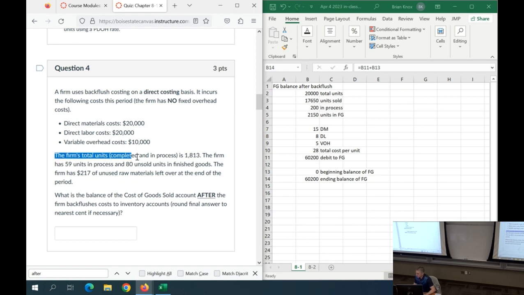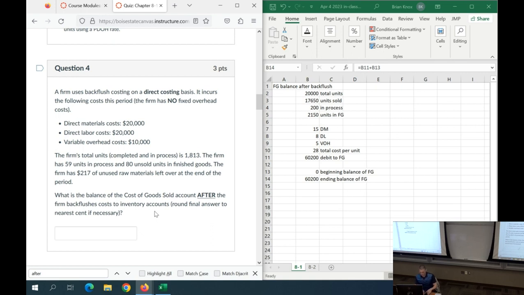The firm's total units, completed and in process, is 1813. The firm has 59 units in process and 80 unsold units in finished goods. Okay. The firm has $217 of unused raw materials left over at the end of the period. What is the balance of the cost of goods sold after the firm backflushes costs to inventory accounts?